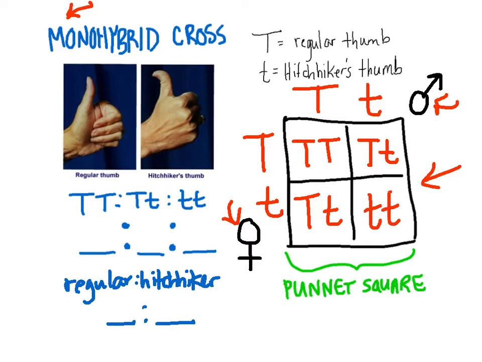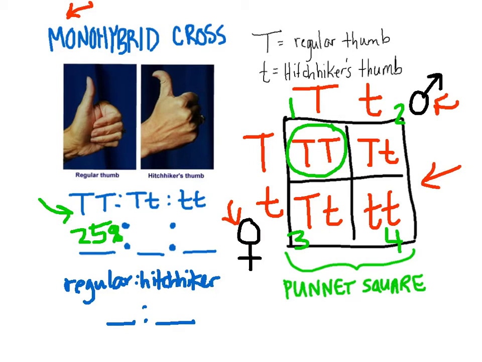Alright, so when I look at proportions or probability, I'm going to look for my big T, big T. So my homozygous dominant, the probability ends up being 1 out of 4. Because I can see that I have 1, 2, 3, 4 different possibilities, and this is just one of them. So I'm going to put a 25% here, because that's 1 out of 4.